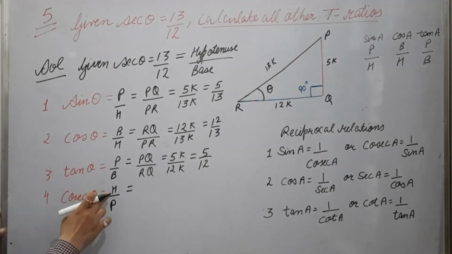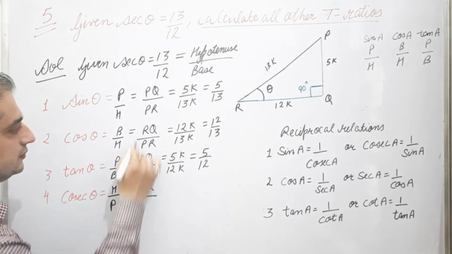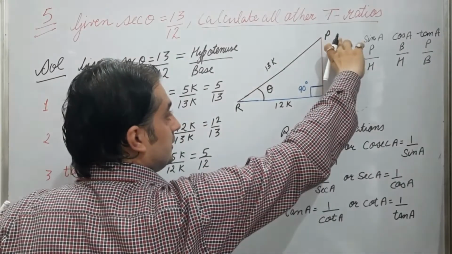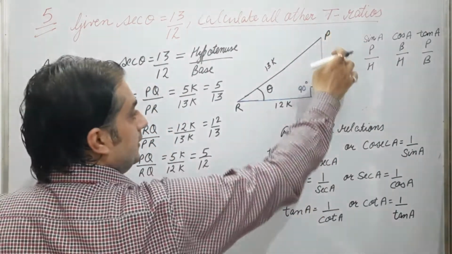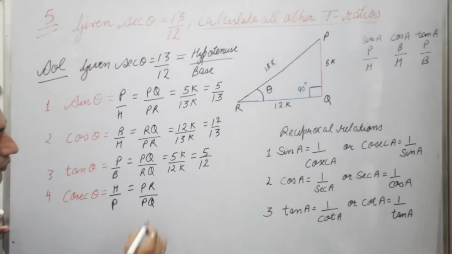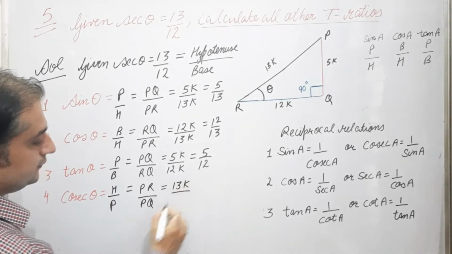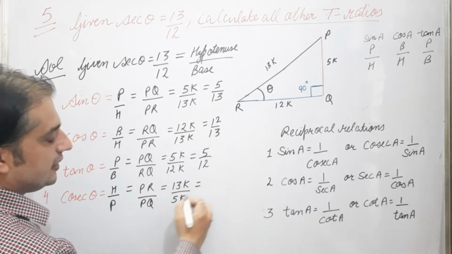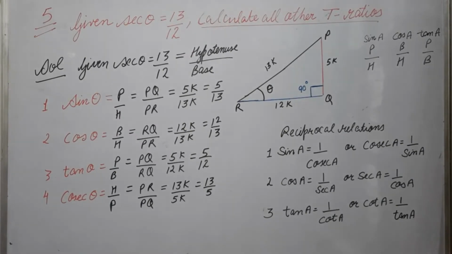Hypotenuse is PR, that is 13K, and perpendicular is PQ, that is 5K. K cancels with K, so it is 13 by 5. So this is the fourth ratio.